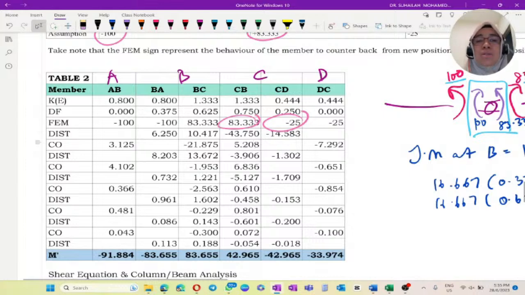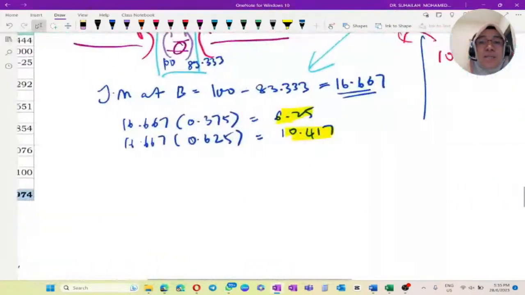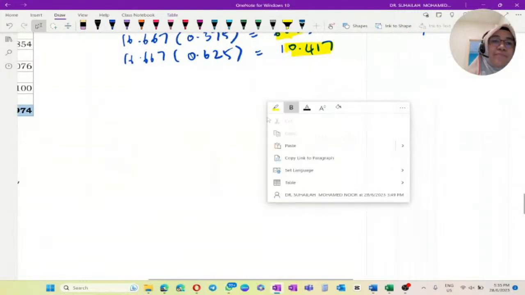Total moment at joint C means we combine this 83.333 and negative 25. But remember these two values represent the member end moment, not joint moment, because joint moment is opposite, and it looks like this.